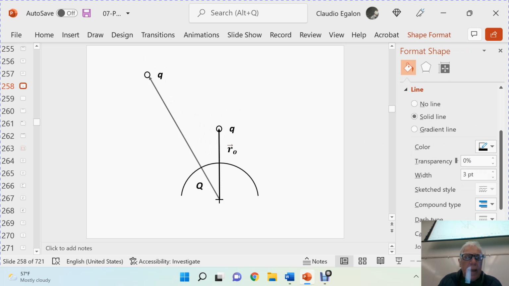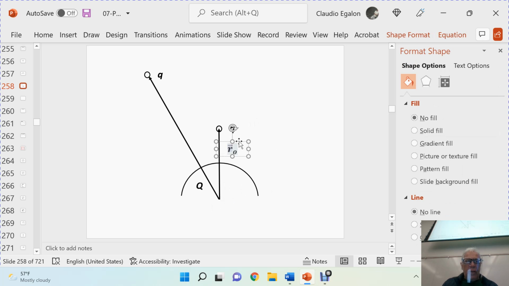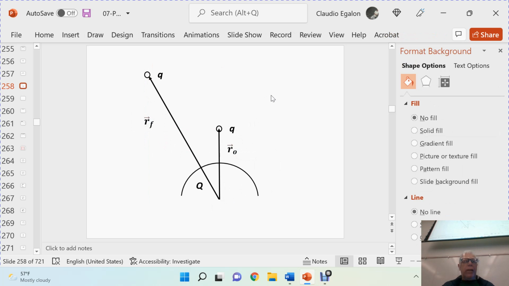This vector is taken with respect to this origin at the center of the other charge, initial position and final position. That's the drawing that you must have in mind when you're calculating that integral.